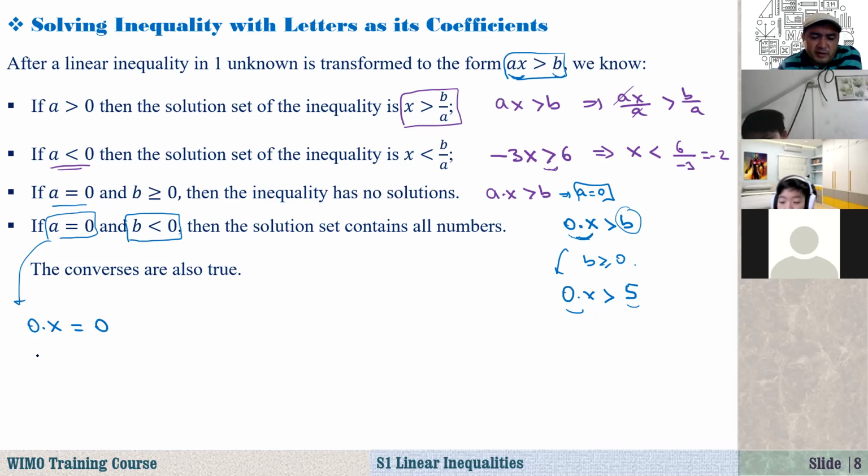On the right, what do we have there? b, where b is less than 0. And we know that 0 is greater than all negative numbers. So what is the solution? The solution will be all the numbers, because anyway, 0 times anything is equal to 0, and 0 is greater than any negative number.